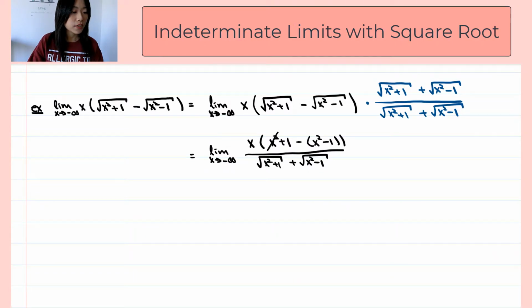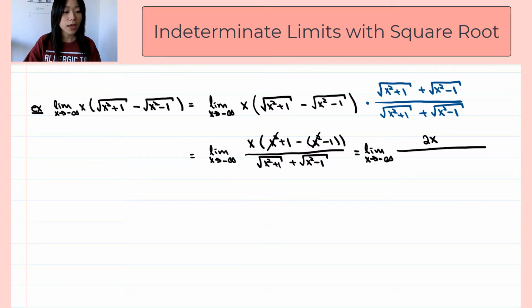The x squared cancels with this minus x squared. So we are left with the limit as x approaches negative infinity of 2x, and in the denominator, I'm going to factor out the x squared in the square root. So the denominator is square root of x squared times (1 plus 1 over x squared) plus square root of x squared times (1 minus 1 over x squared).